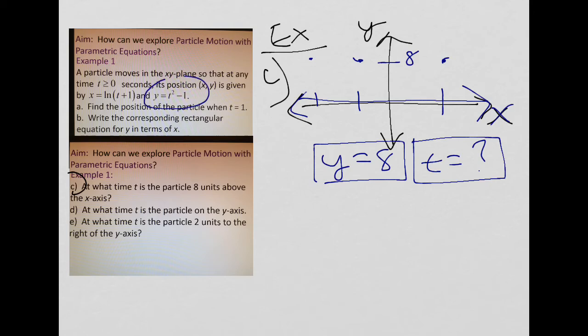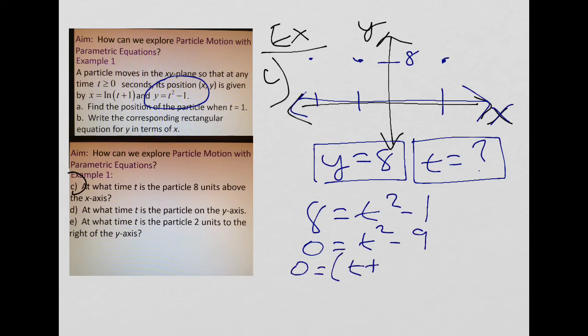So we have an equation for y in terms of t. So we're going to replace the y with 8, and we're going to solve for t. So we have a polynomial equation, and we can factor and set each factor equal to 0.